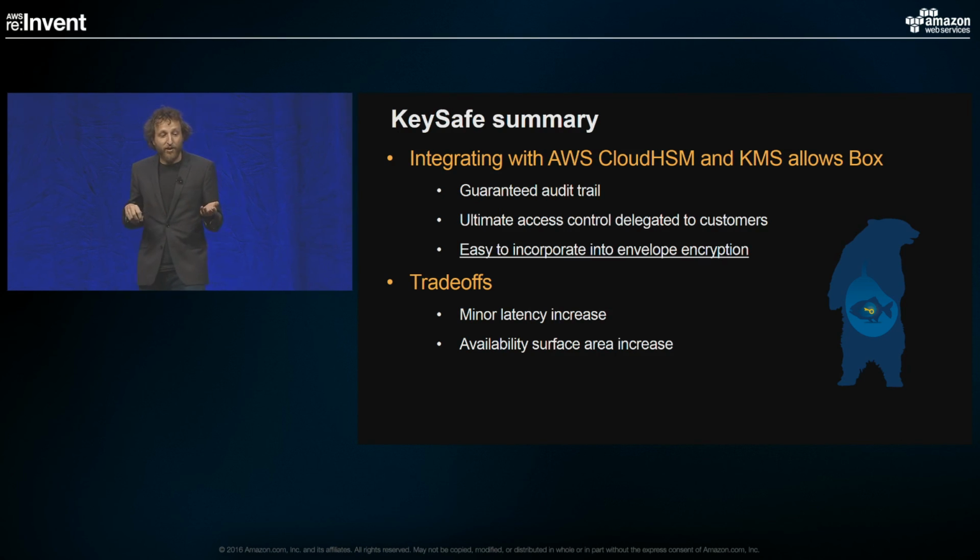This did have some trade-offs. We have a minor latency increase because we have to call these services. And it did increase the availability surface area because you are talking to 2 additional services. But these trade-offs are much more palatable to the end user when compared to customer-managed encryption, the historic way of doing it.